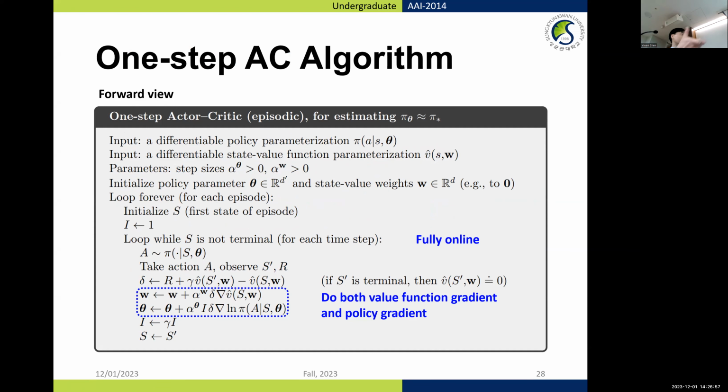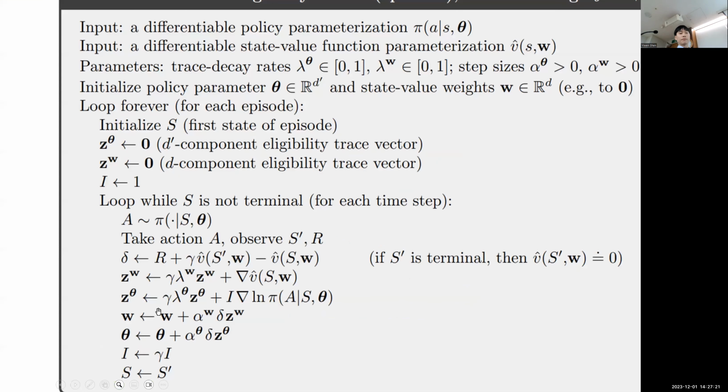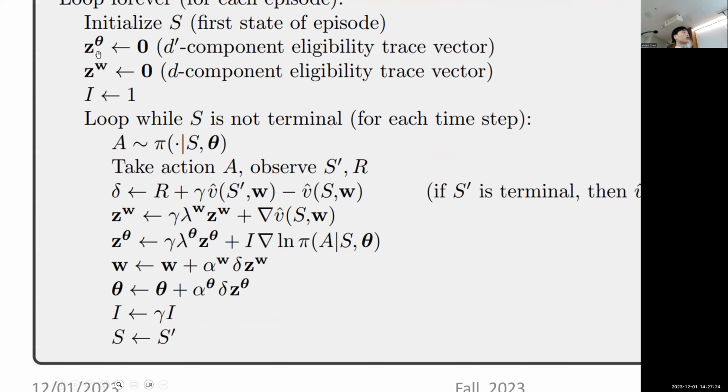If multiple steps, we can still extend this algorithm to a multi-step algorithm, but still in the forward view. If we combine this one-step AC with eligibility traces, switching from the forward view to the backward view, the process becomes much more complicated. You need to maintain two Z vectors: one for theta, the other for W. Each is responsible for rescaling or adjusting the gradient.